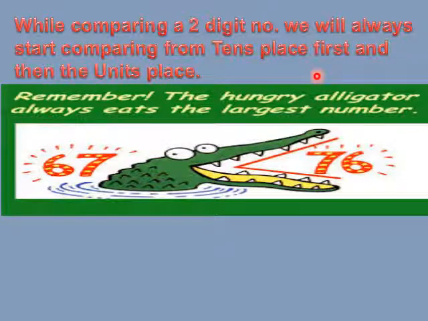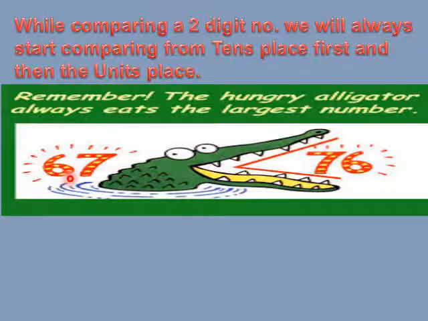So children, I have shown you again with the crocodile. The crocodile is opening its mouth to the bigger number because the numbers in front of you are 67 and 76. So here, as I told you earlier, we will first find out which is bigger in the tens place.